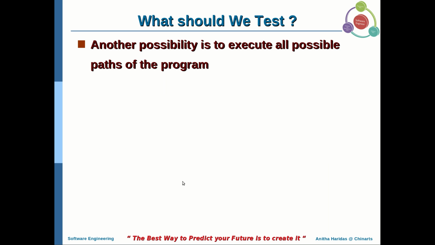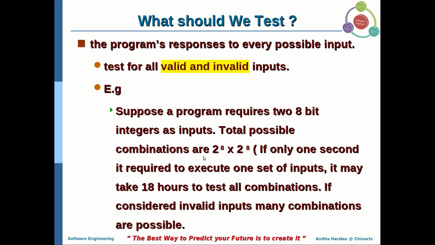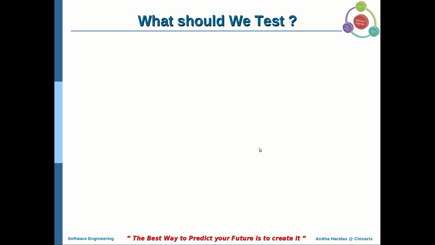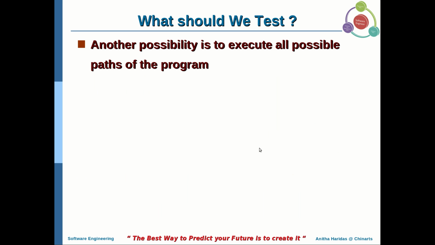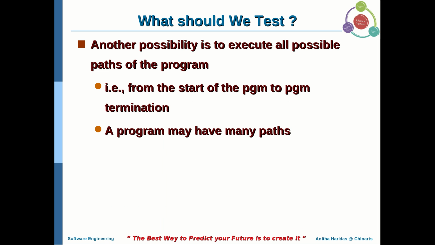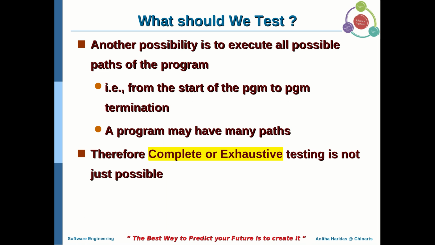I have given you an example here of two 8-bit integers. Imagine if you have 5 32-bit integers in your program, how much time it will take for the testing. And if your program is having 1000 lines of code with minimum 8 to 9 branches, then imagine how many possible paths will be available in your program.